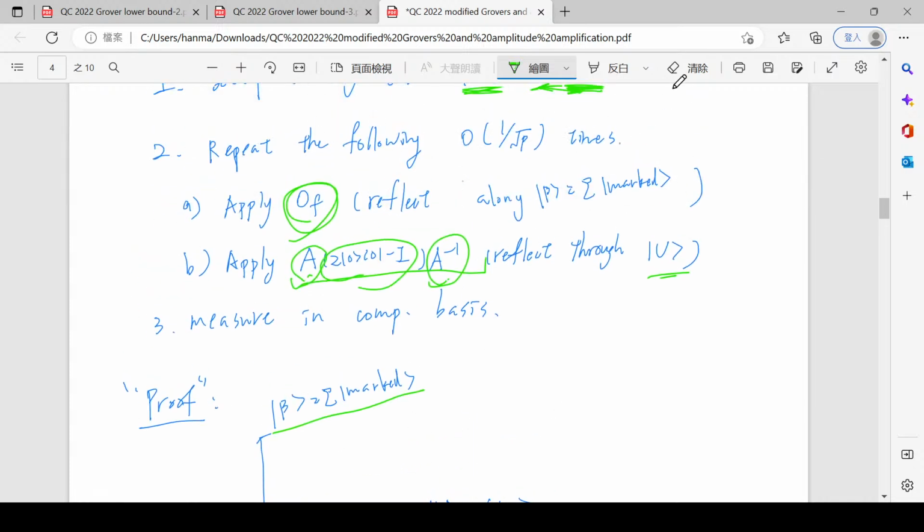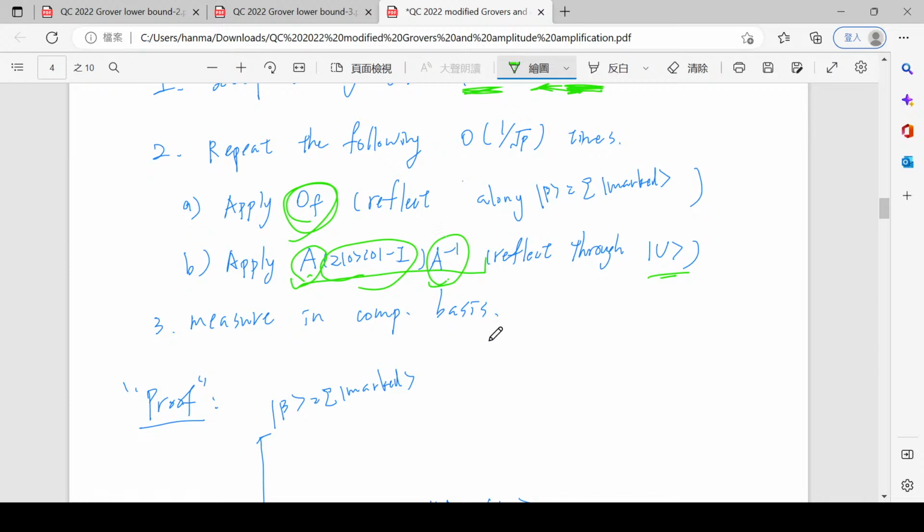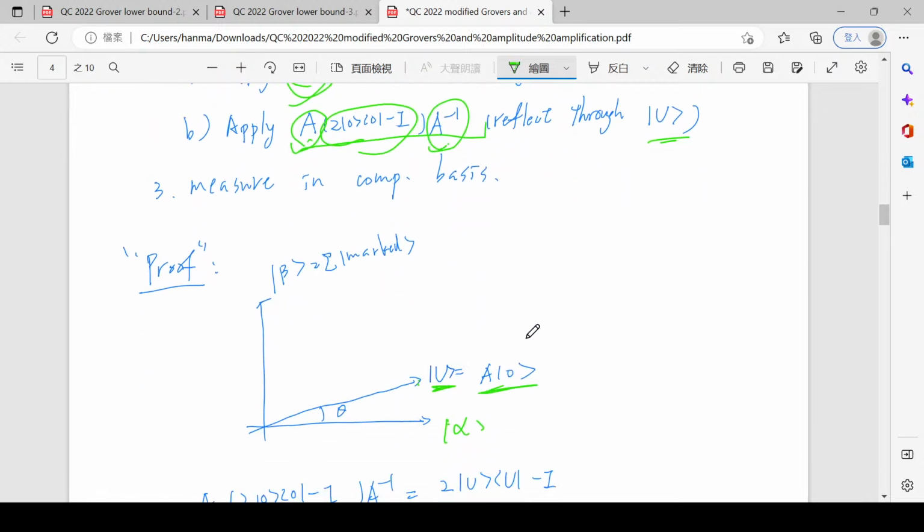And your algorithm will do two reflections. One reflection is around this alpha, this OF we have been talking about, and another reflection is around U. Your two reflections will rotate your angle by 2 theta, and your whole state will rotate this way, and you will end up getting somewhere close to beta.